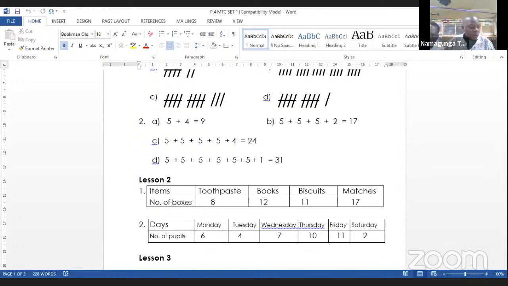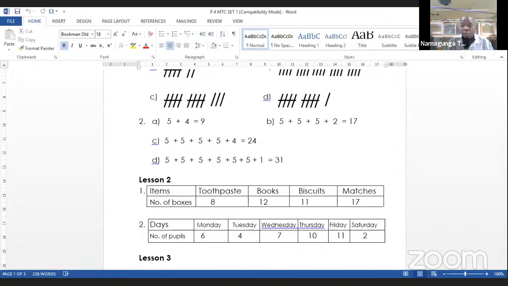Now, when we move down to the activity, we have number 1, which says Mr. Ochen recorded the number of boxes of items he bought for his shop, where we have the toothpaste, biscuits, books, and matches. And we are asked now to draw a table to represent that.